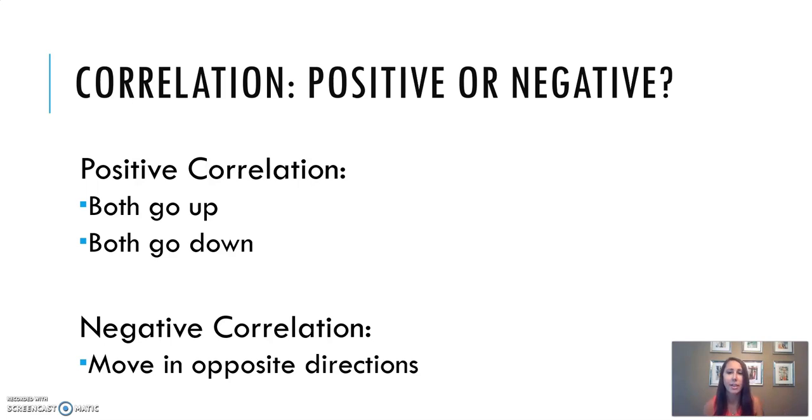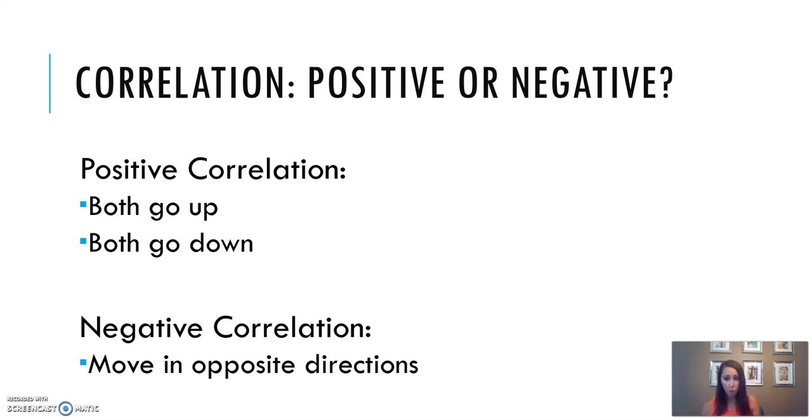I'm just trying to think of an example to use. But we would be saying that we have two things that are both going down, right? Less screen time and less irritability. And the common sense conclusion might be, oh, well, that's a negative correlation since we're talking about things going down, but it's not. It's still a positive correlation because they're both going down together.